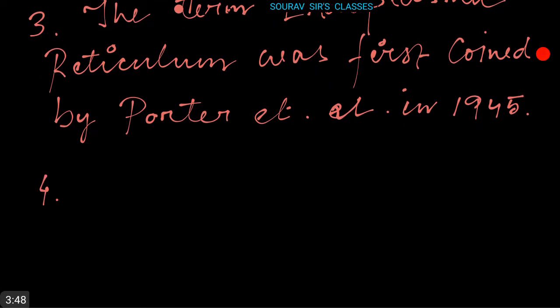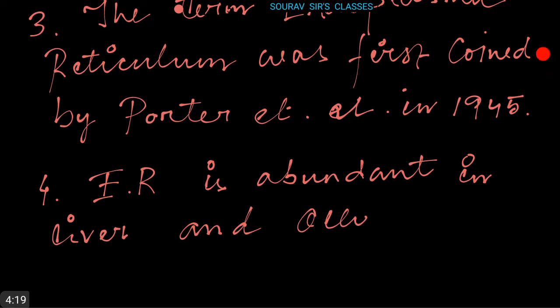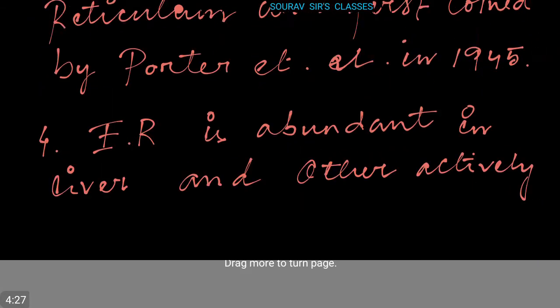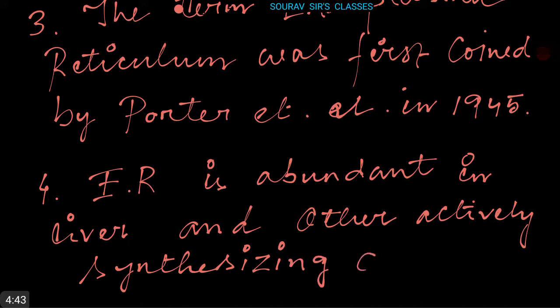Again, endoplasmic reticulum, that we can write as ER, is abundant in liver and other actively synthesizing cells.